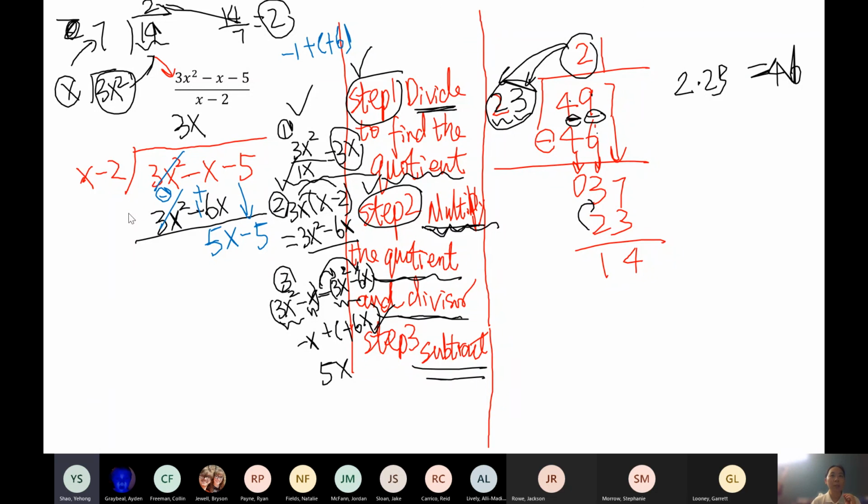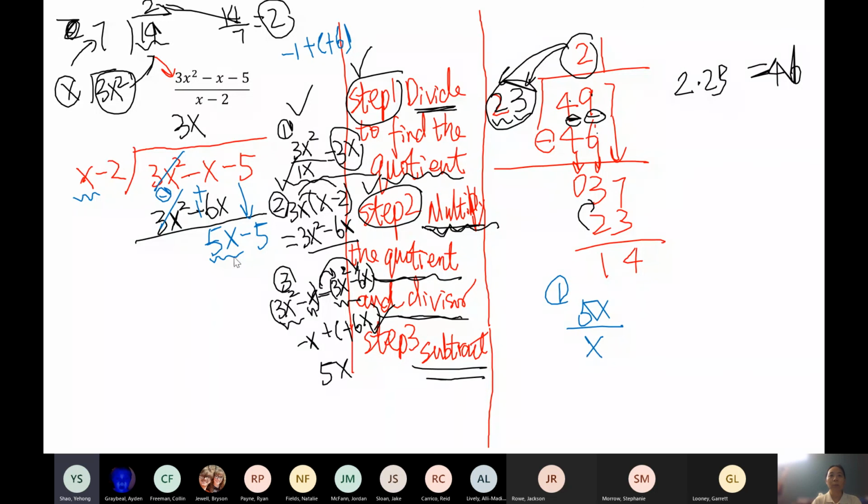Okay, so this is what you need to do. If anybody still doesn't know what to do here, you do step 1, divide. Divide what? I didn't put it here, but divide the first terms, usually the terms with the highest degree, the highest power. So you divide 5x by x to figure out what you're going to put in the quotient.